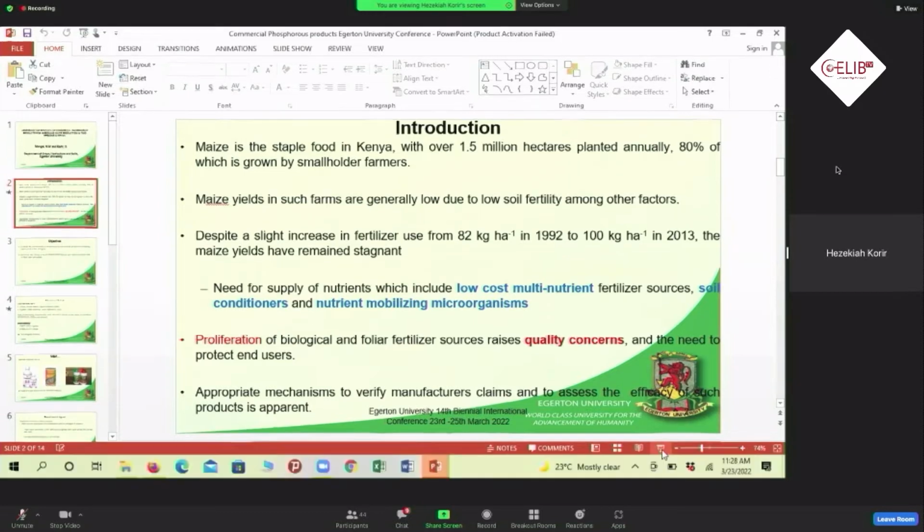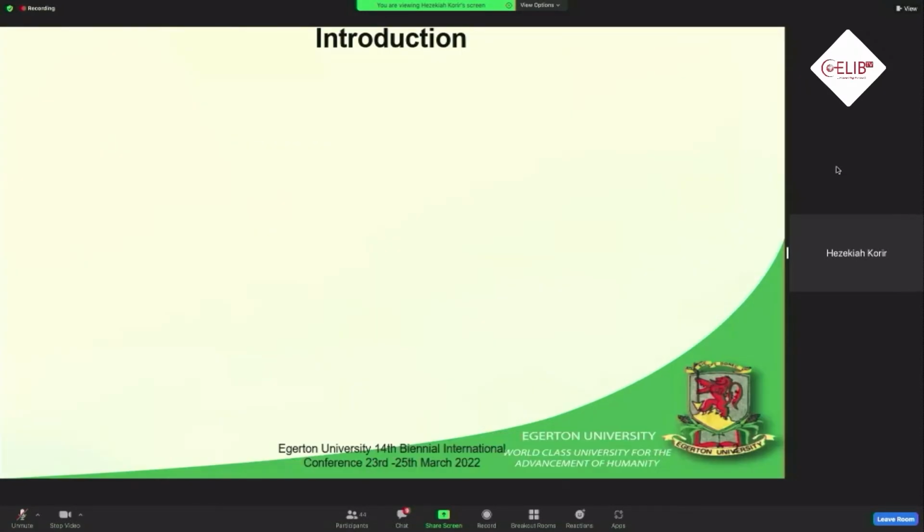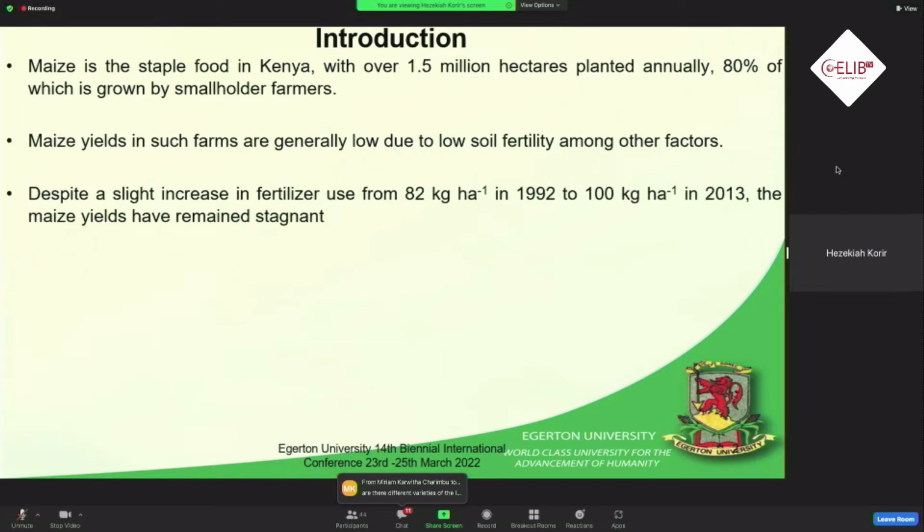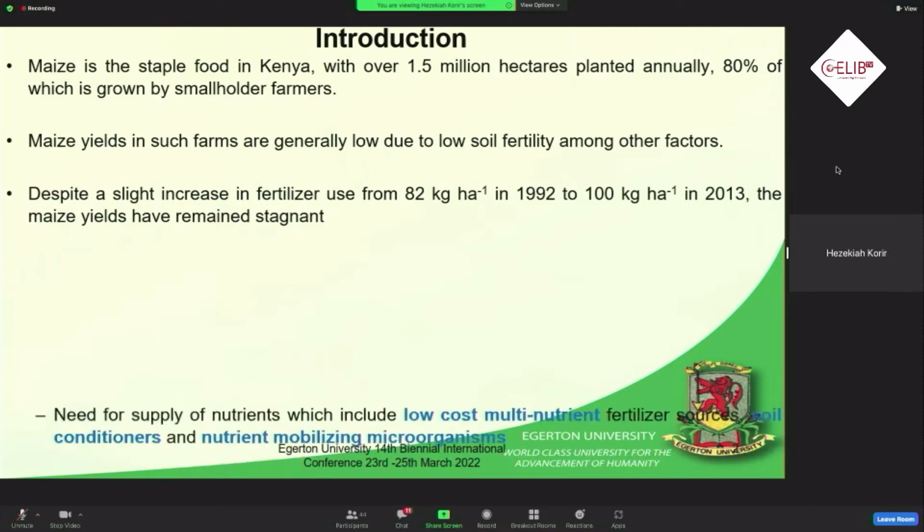And this is because of the low soil fertility. And we see that over the years, people have been increasing the amount of fertilizer that they use in their farm, but it has not been going hand in hand with what they produce at the end of the season.